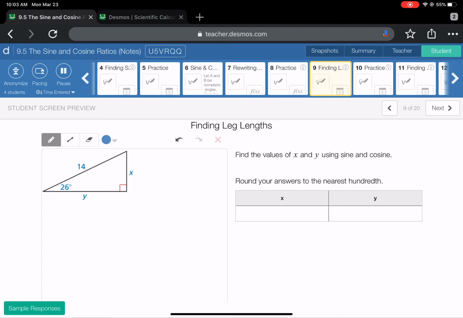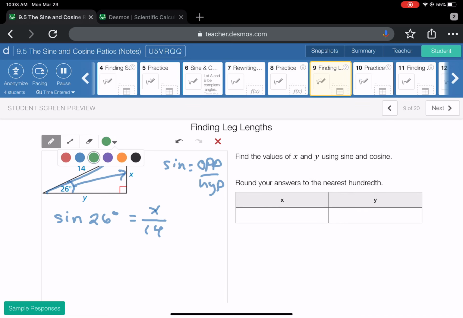Because we have the hypotenuse, I know I'm going to have to use sine. So if I do the sine of 26 degrees, the sine is equal to the opposite over the hypotenuse. So I'm going to do opposite x over hypotenuse 14.